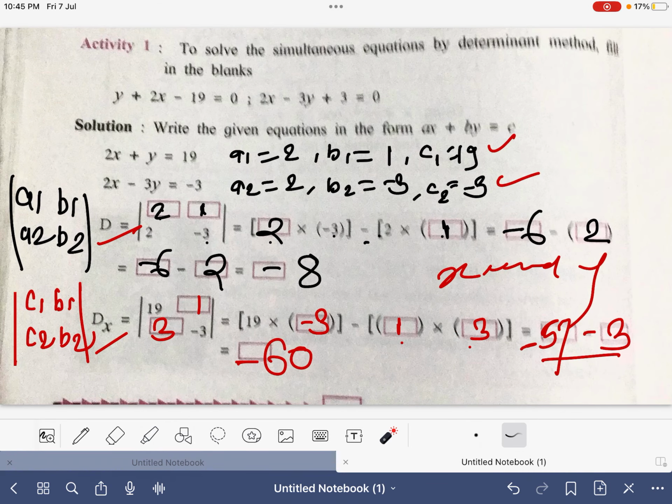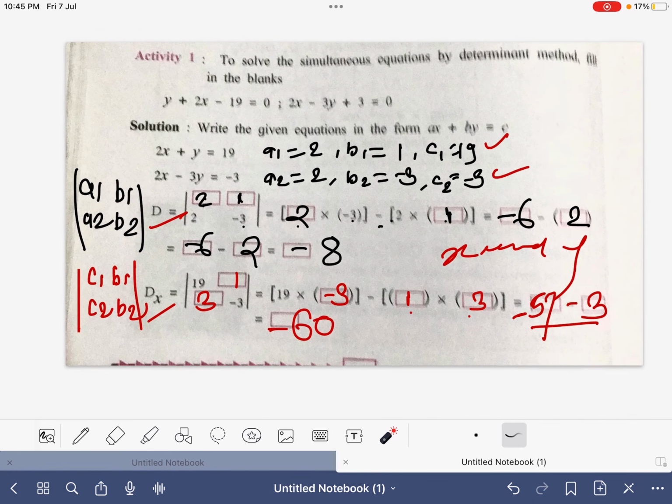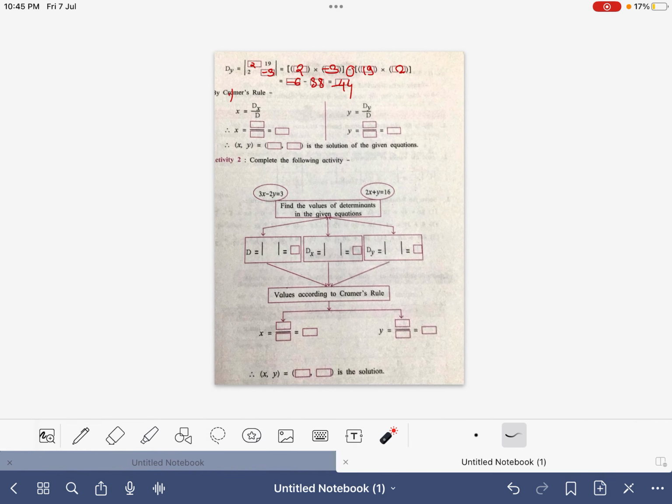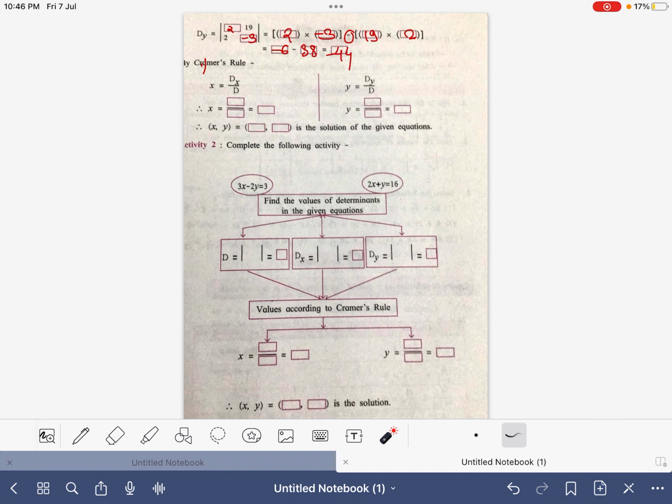And the value of dy. Now put the values of dx and d in this equation and calculate the value of x as well as y.